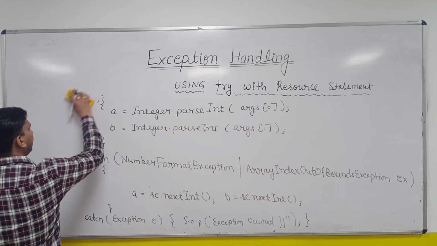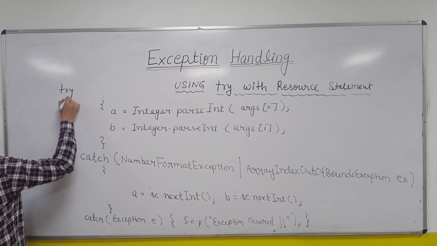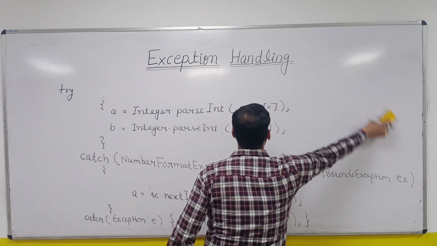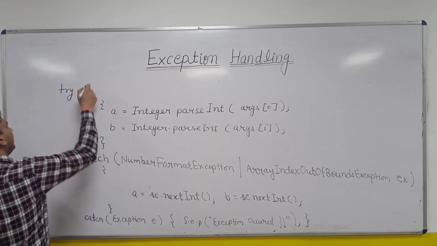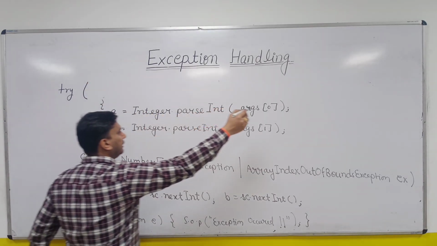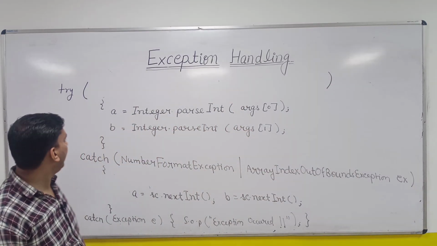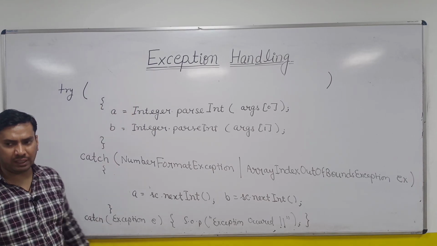So what the try with resource statement is saying is that when you write the try block, with the try block itself you can create a resource here. You can create one or multiple resources here. So now the syntax of the try block is like this, right? Try and then the parenthesis, similar to the catch block.